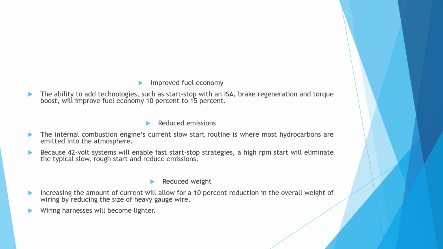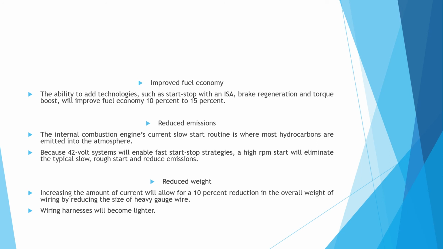The internal combustion engine's current slow start routine is where most hydrocarbons are emitted into the atmosphere. Because the 42-volt system will enable fast start-stop strategies, a high RPM start will eliminate the typically slow and rough start and reduce the emission.